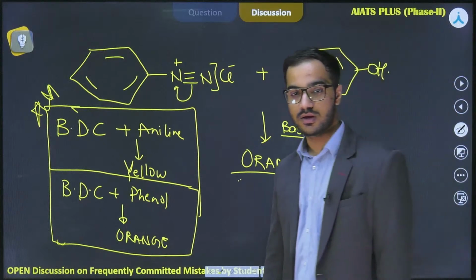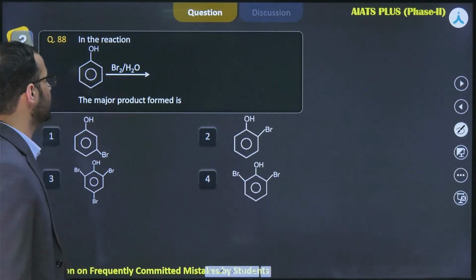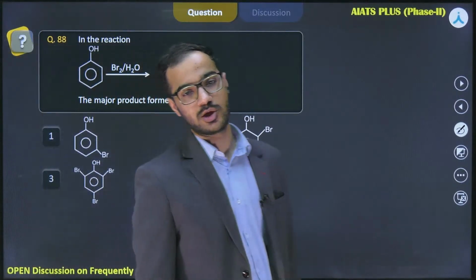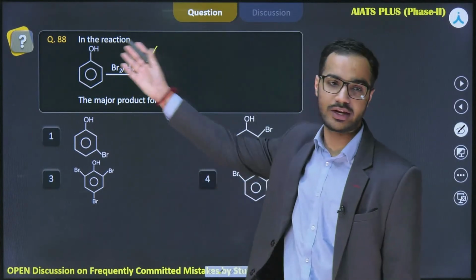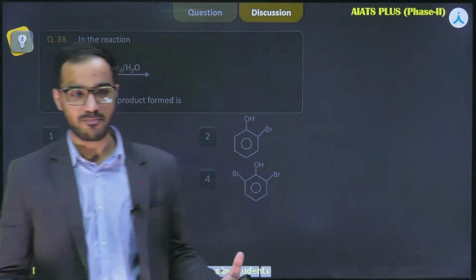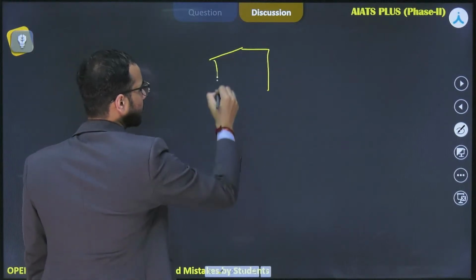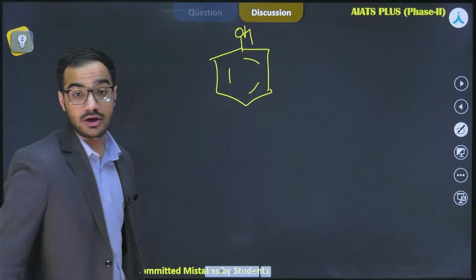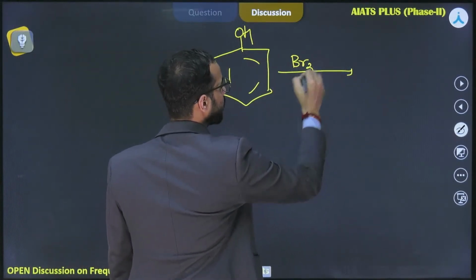Okay. Let us move to the next question we have here. This is simply a chemical property of phenol. You have bromine water, you are reacting it with phenol, what will you get? Let us say you are having phenol and you are reacting with bromine water.